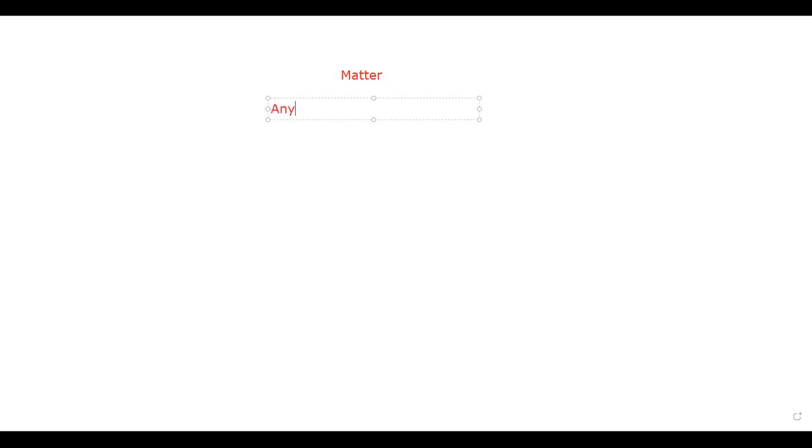Matter means anything which has mass and occupies space. So anything which is having a mass and it occupies space, what do we call that? We call that matter. And the matter, three states are there.